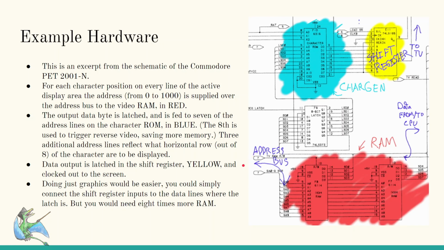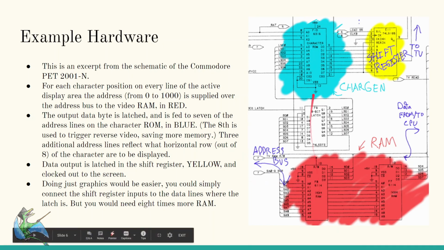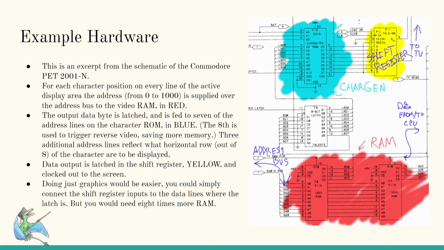which I talked about in the last few videos. Address generation is a series of counters that, as you're running through the display, instructs the memory which address you're at, and triggers it to output the byte.